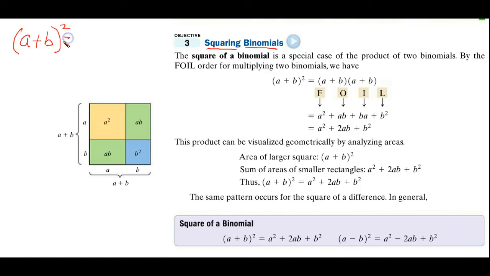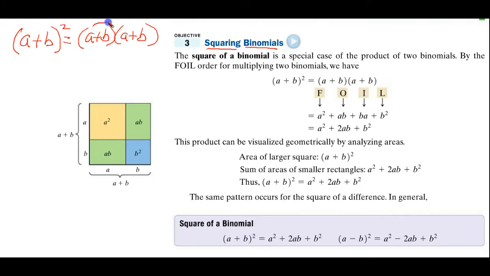Well, we know that that equals a plus b times a plus b. So one way when we see a binomial that's squared is to just write it twice, and now we're going to FOIL.